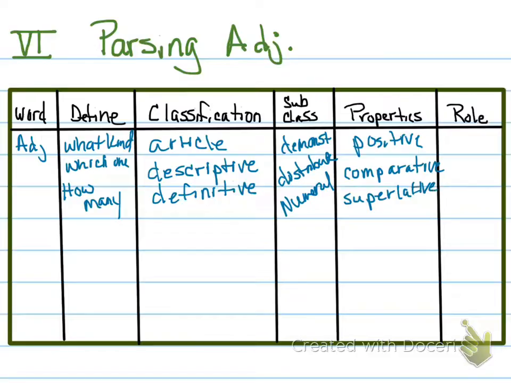Now, if you're in Homer B, you won't have to worry about that. We're not going to do that in any detail. I just kind of want you to be aware of it on the horizon for next year. If you are in English 1A, then we will cover those 3.